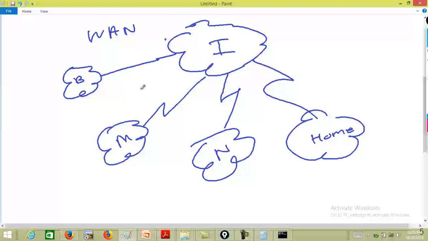So here at Baraton, we can use 192.168.1.0. Moi can use the same 192.168.1.0, and this other one can use the same. In fact, 192.168 is the most common range that you'll find in many networks.